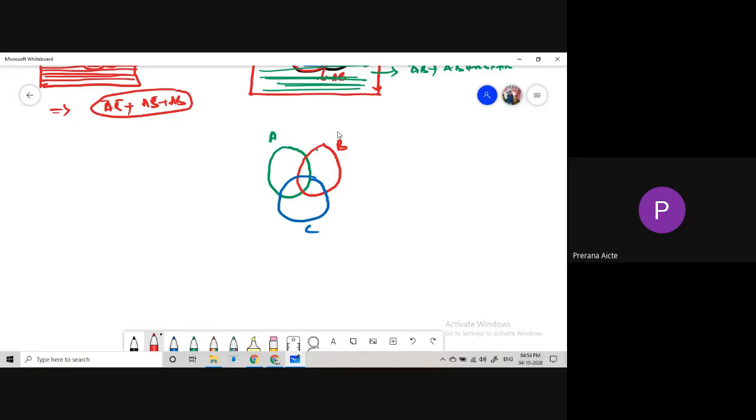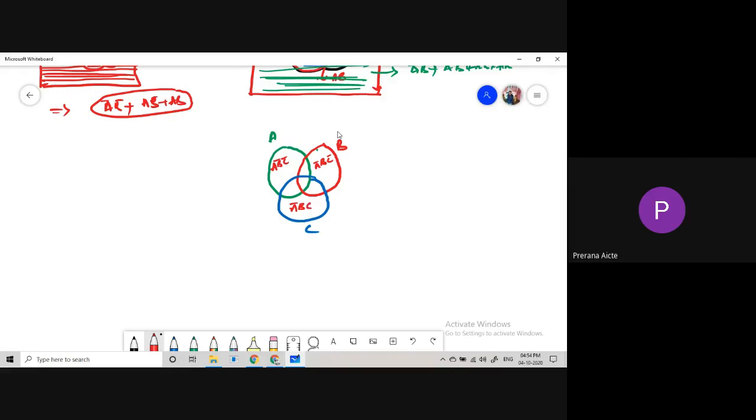First box, first round: A B bar C bar. So this one is nothing but A B bar C bar. What about the second one? A bar B C bar, sir. And what about the last one? A bar B bar C.